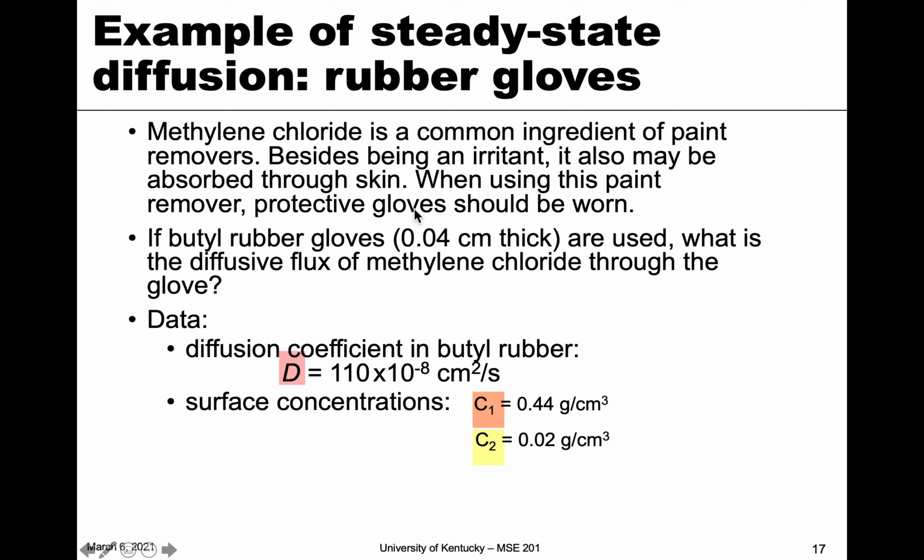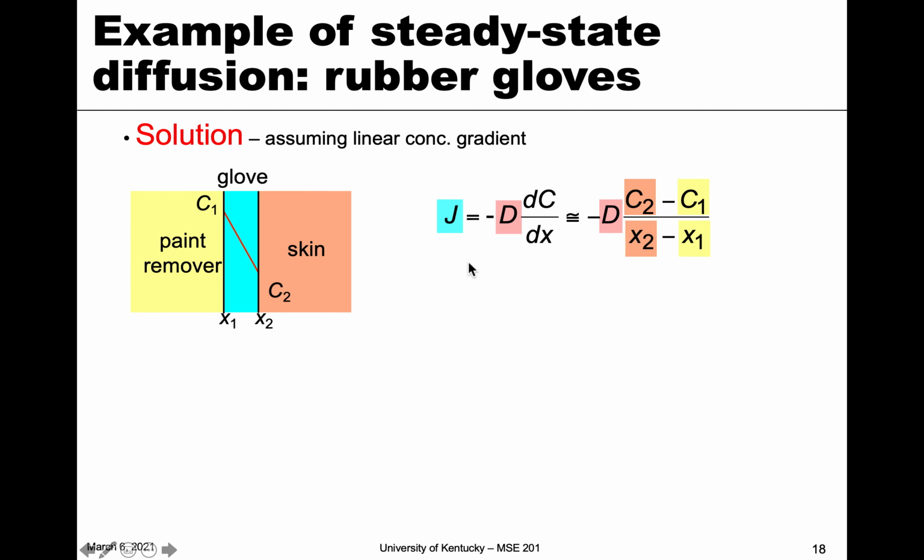And then we're given the thickness up here as well. So we can set up this problem where the paint remover is the high concentration side, our skin is hopefully the low concentration side, and the thickness is represented by X2 minus X1. That's the glove. And so we can set up the concentration gradient. We know the diffusion coefficient, and we're looking at the flux.